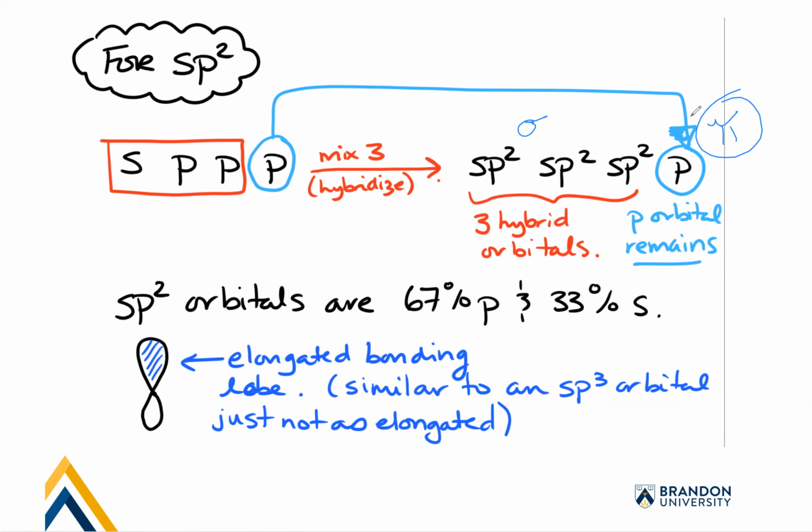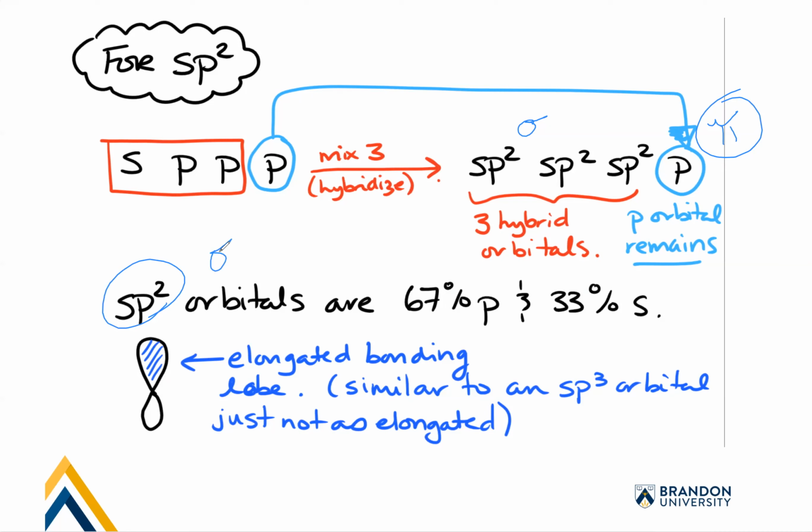Now sp2 orbitals, again, they're elongated much in the same fashion as an sp3, except this lobe isn't as big, and this lobe is slightly larger. It's similar, but it's just not as elongated. So these sp2 orbitals are going to be used to make sigma bonds.